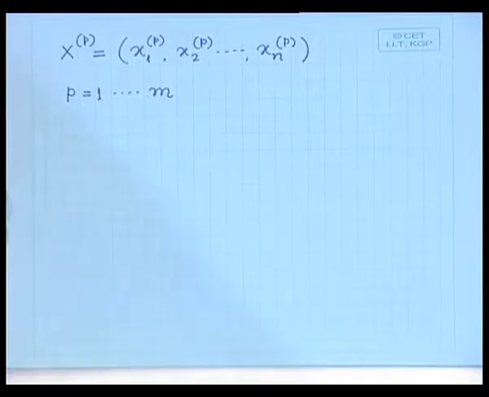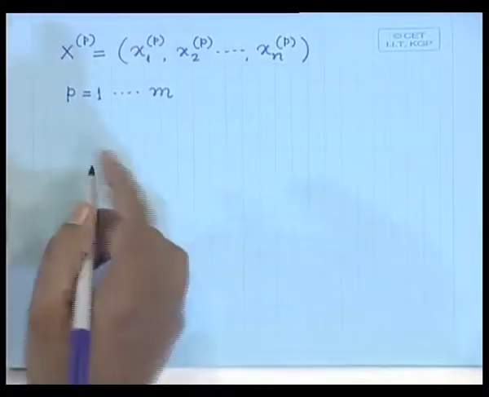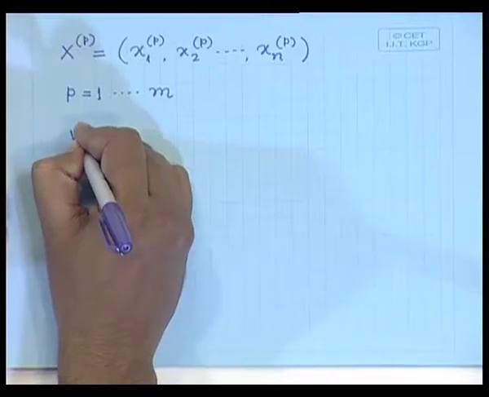Okay. Then using these training vectors, I have to compute the connection weights Wij.